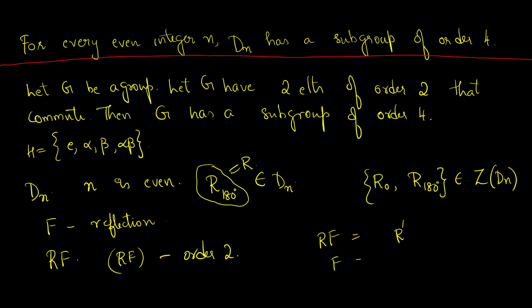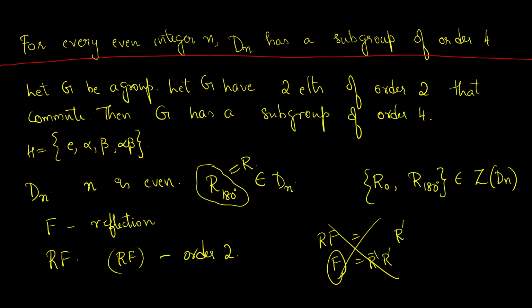Then we multiply by R inverse and get F equal to R inverse R dash. R inverse is a rotation, R dash is a rotation, and their composition will also be a rotation. That means F would have to be a rotation, which is a contradiction. So RF cannot be a rotation; RF has to be a reflection, and every reflection has order 2. So RF also has order 2.